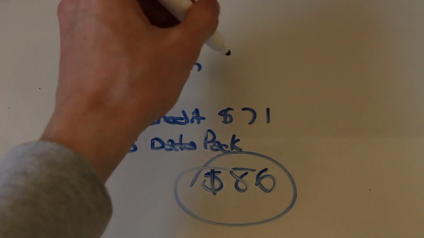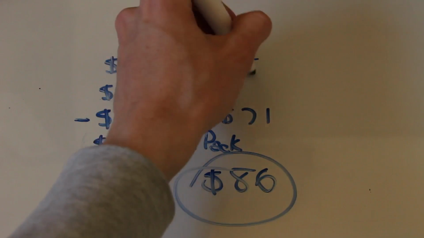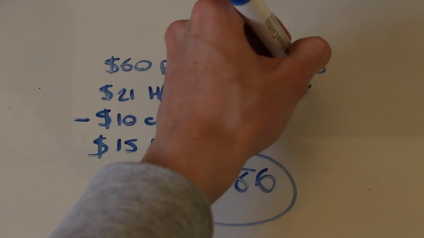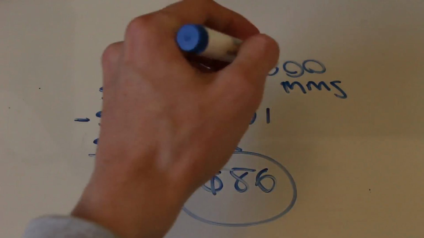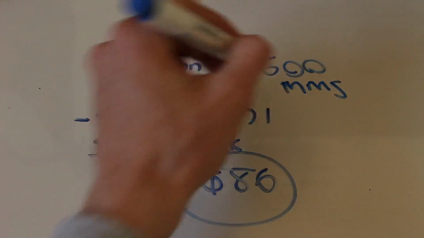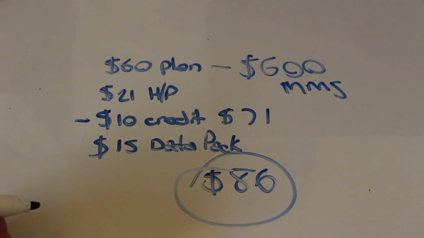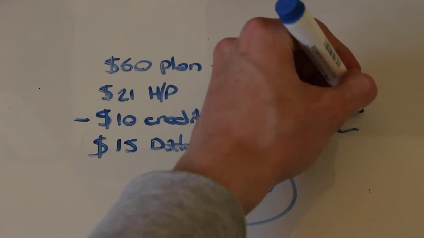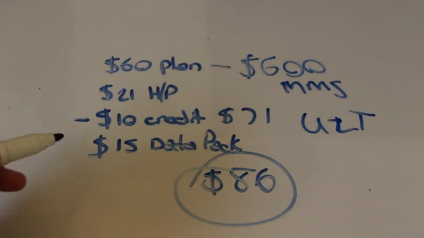Now, that includes all my calls, which I believe I get $600 worth of calls, and my MMS is also included in that. So when I send a picture message, it costs me 50 cents out of that $600, I believe. I have unlimited texting, so it doesn't matter how much I text people, I cannot go over.